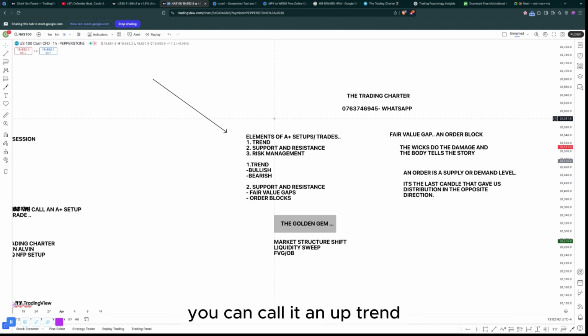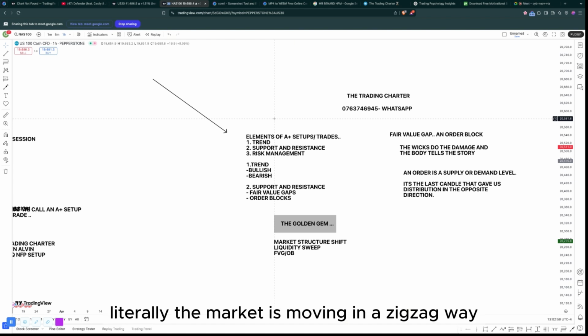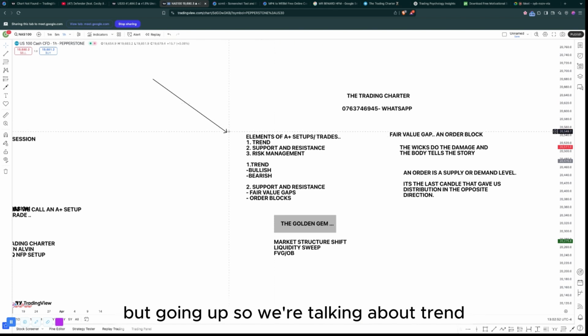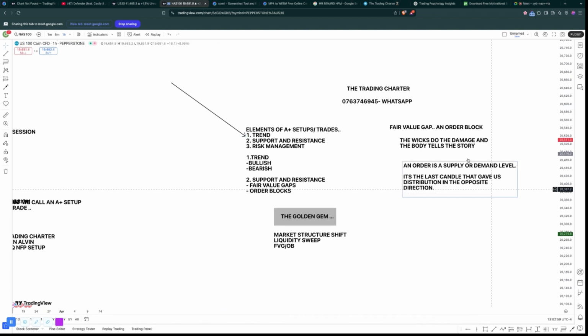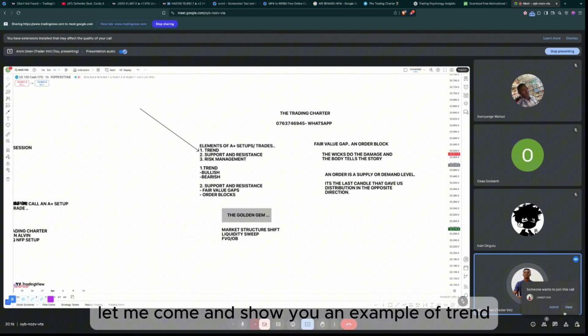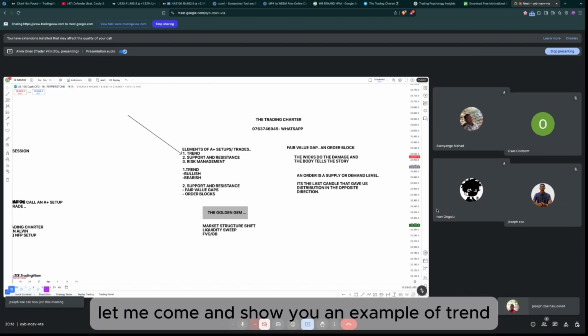You can call it an uptrend, you can call it a bullish trend. Literally, the market is moving in a zigzag way but going up. So let me come and show you an example of trend.